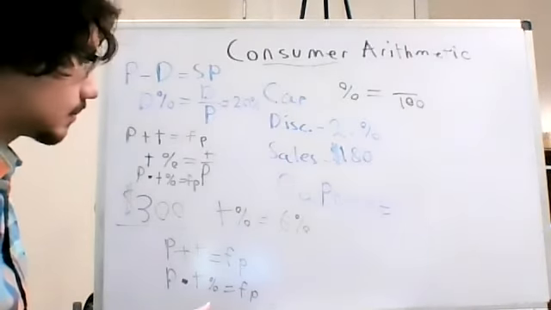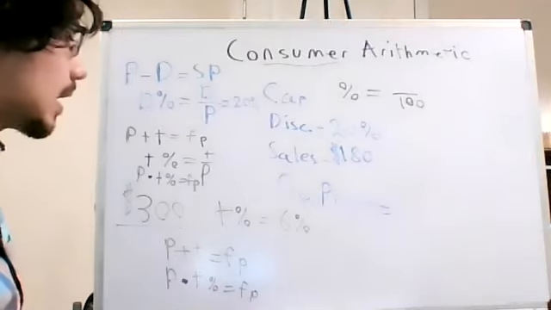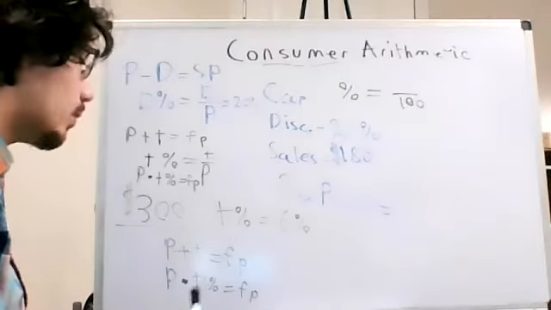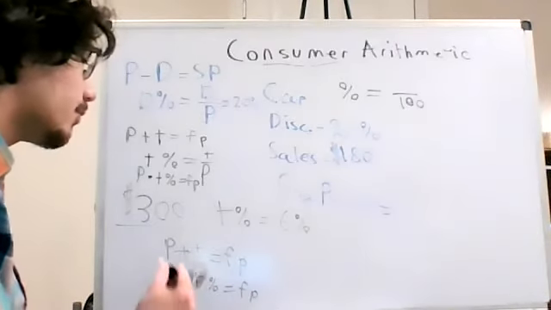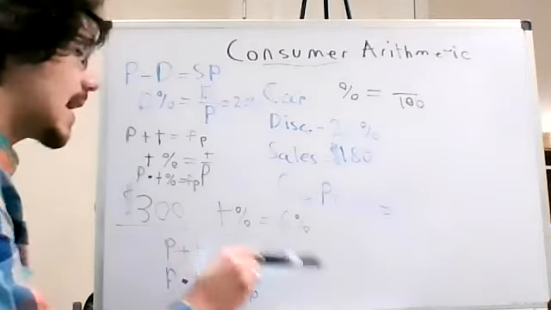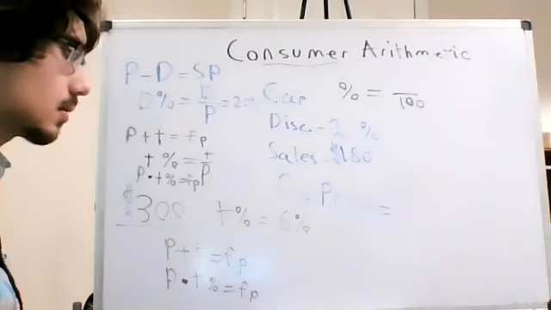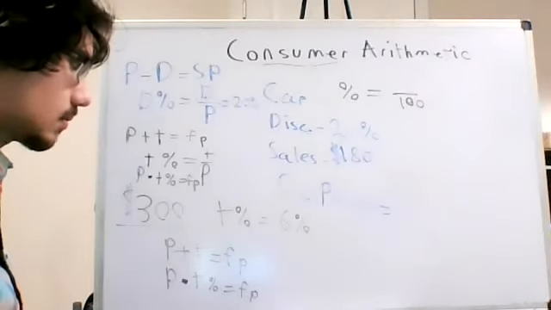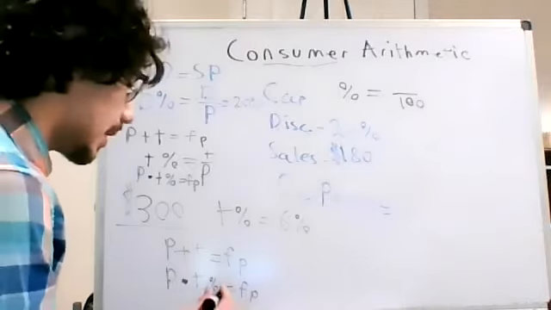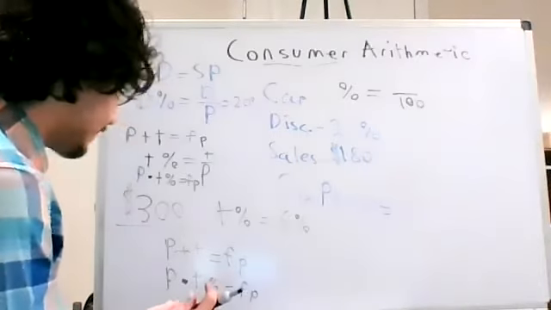Sir, can you please repeat that? So Mr. Aryan, we have to find out what we multiply to the P to find the final price. What is the tax percent? 6%.